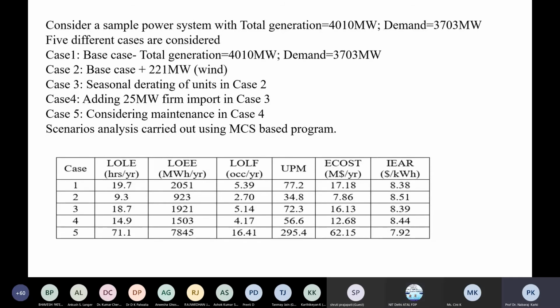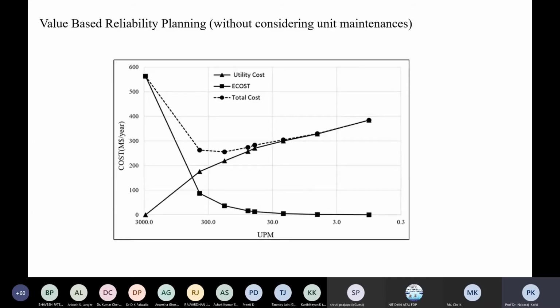The outcomes of the customer surveys will be used in planning your power system: how much capacity to keep, how much capacity to add. So it is value-based reliability investment, because you are investing based on the customers' outage cost value. Based on that, you make your investment decision.